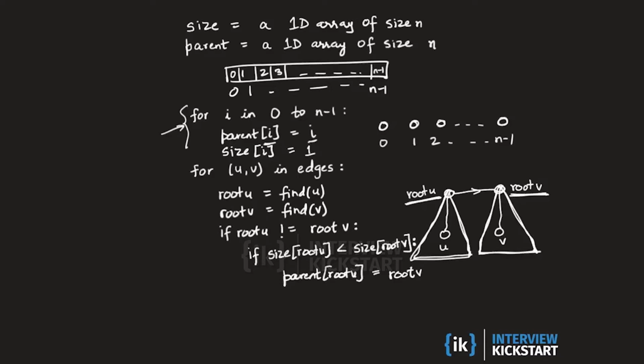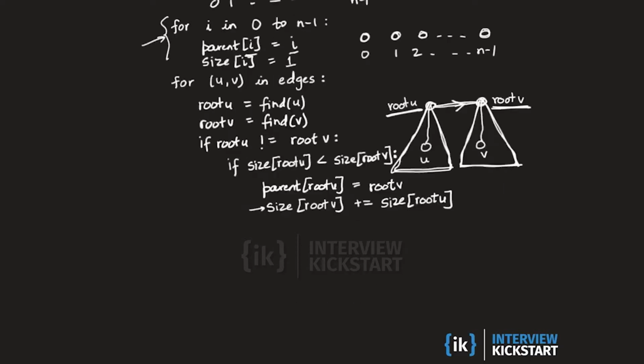And once this left tree has become a child of root v, we know that the size of root v has now gone up. So the size of root v will now go up by an amount that is equal to the size of root u, because the entire tree which was rooted at root u has now come under root v. So we have to update the size information like this.